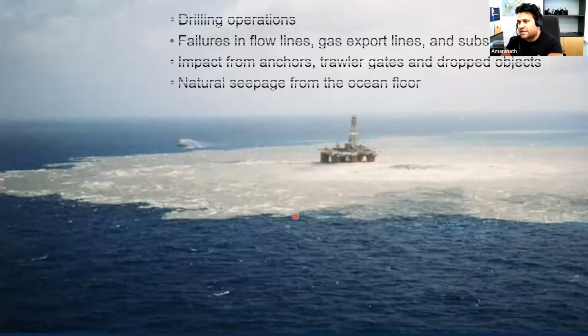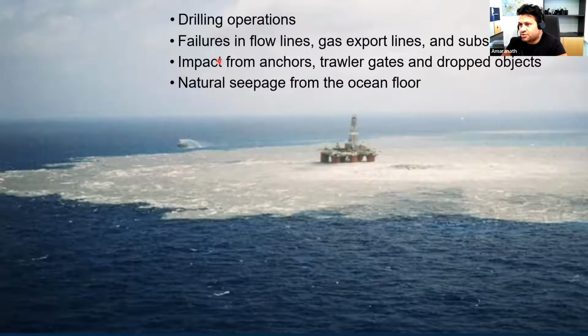This kind of gas release can occur due to drilling operations, or due to failures in flow lines and subsea equipment, and naturally it can occur due to slippage from the ocean floor. This is not that dangerous because it's spread over a large area.